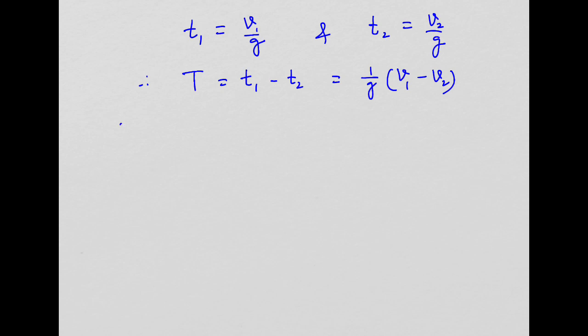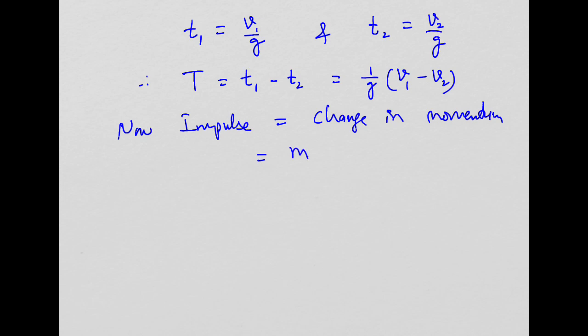Okay, now we know impulse may be given as change in momentum. Change in momentum means the final momentum of the system of the two fragments, m2 into v1 plus m3 into v2, that is the total momentum of the two fragments after explosion, minus the initial momentum, that was 2m multiplied by vi, which was 0.